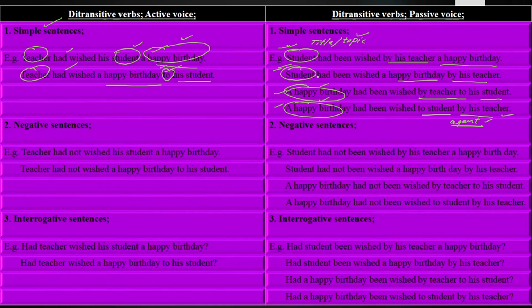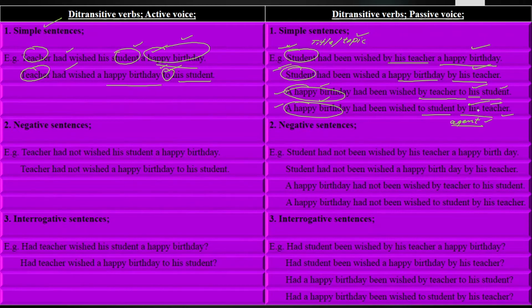So in passive voice you are going to change them in 4 ways in this way. Student had been wished by his teacher a happy birthday. Student had been wished a happy birthday by his teacher. A happy birthday had been wished by teacher to his student, and a happy birthday had been wished to student by his teacher. This is sometimes coming with the student and sometimes with the teacher.